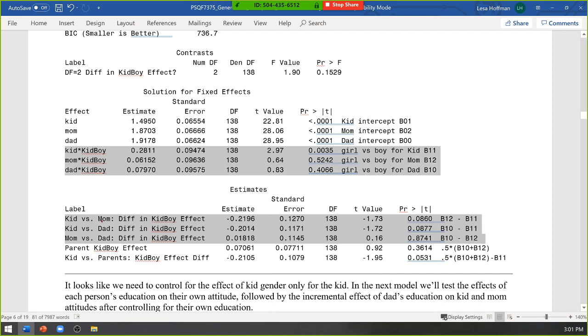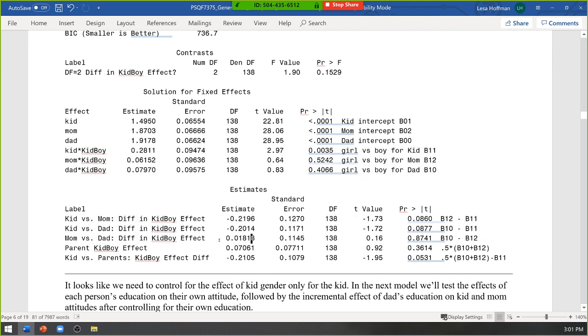So for kid versus mom, for the mom, the slope is significantly, actually almost marginally significantly less positive. It's a smaller effect for moms. It's a smaller effect for dads. And moms and dads' slopes are the same.